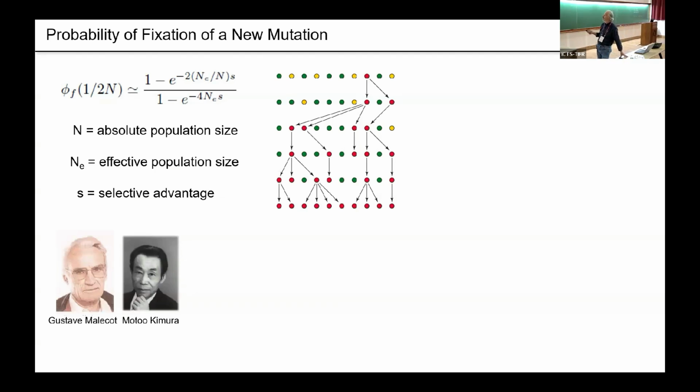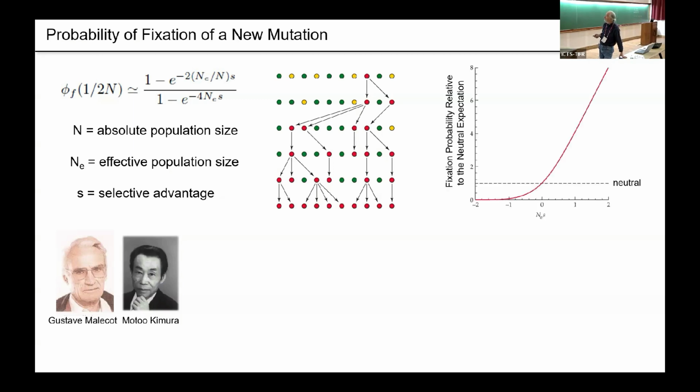It's also a function of the absolute population size, because your original frequency is 1 over twice the population size, and it's also a function of the effective population size. That's the famous equation developed by different methods by Malécot and by Kimura. It's the probability of fixation of a newly arising mutation with that initial frequency. Okay? And you can plot that out. Is there a question?